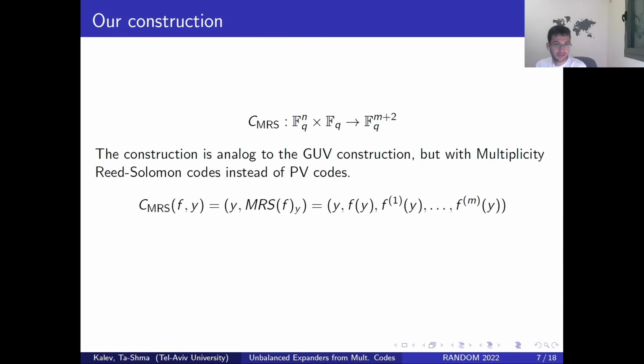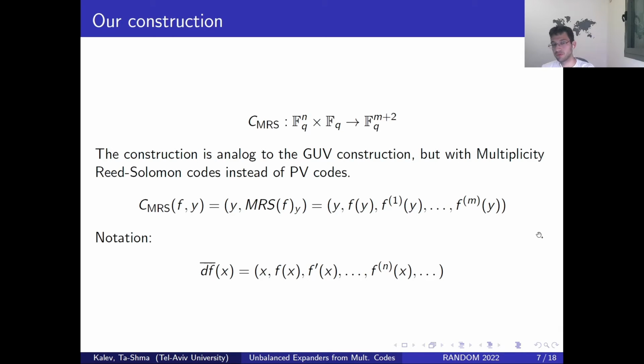Now, after seeing this construction, our construction should be very intuitive. Our construction is analogous to the GUV one, but instead of Parvaresh-Vardy codes, we use multiplicity Reed-Solomon codes. That is, the y-th neighbor of f is the y-th coordinate in the encoding of f under the multiplicity Reed-Solomon code, which is just y, f of y, f's first derivative at y, and so forth up to the m-th derivative.